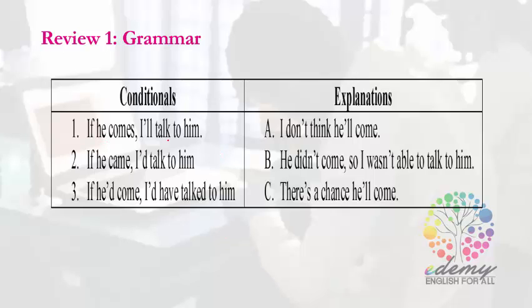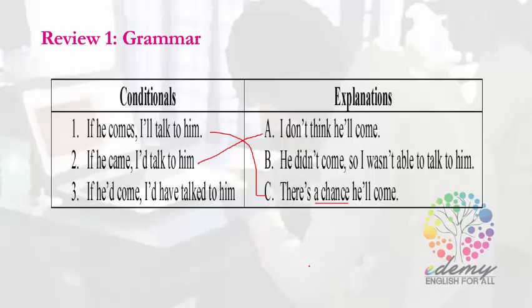The first one: if he comes, I'll talk to him. The first conditional expresses possibility, something that may happen. The answer is C: there's a chance it may happen. Number 2: if he came, I'd talk to him. Do we remember what the second conditional is used for? It expresses something that is unlikely to happen, something we think will never happen. The answer is A: I don't think he'll come.